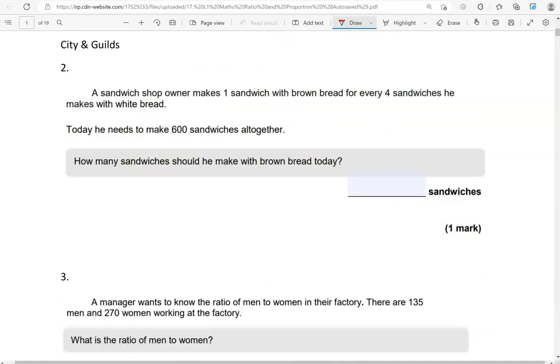A sandwich shop owner makes 1 sandwich with brown bread for every 4 sandwiches he makes with white bread. So ratio is 1 to 4. 1 is for sandwiches with brown bread and 4 is for sandwiches with white bread.